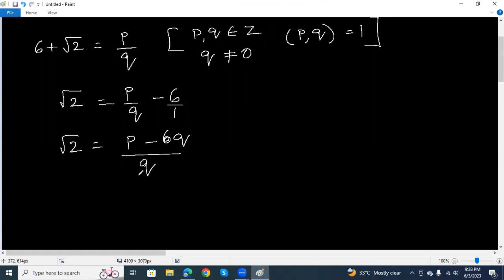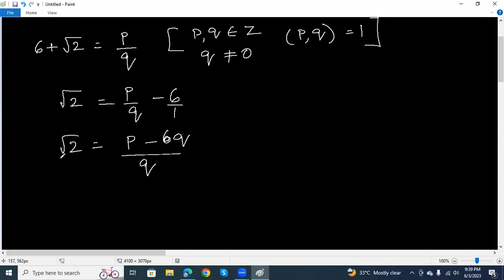After simplification we got root 2 is equal to p minus 6q by q. Here p is an integer, q is an integer, p minus 6q is an integer, and q is an integer in the denominator. So an integer divided by an integer gives a rational number, right?